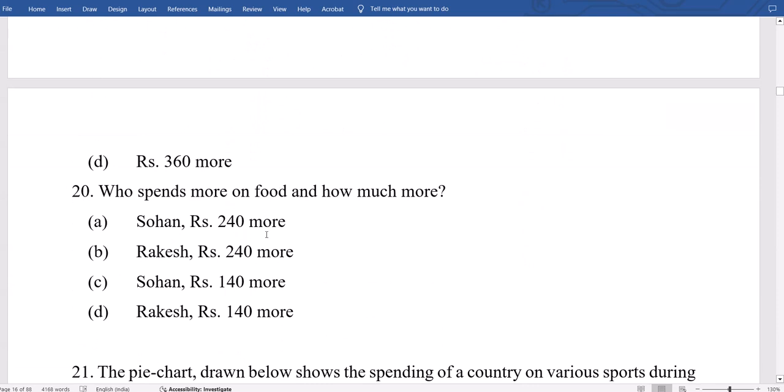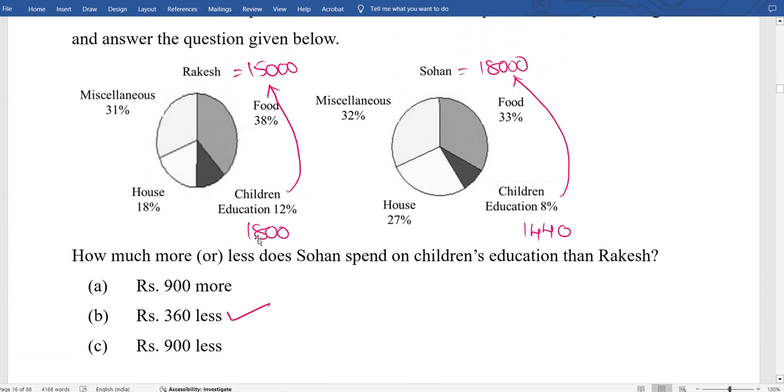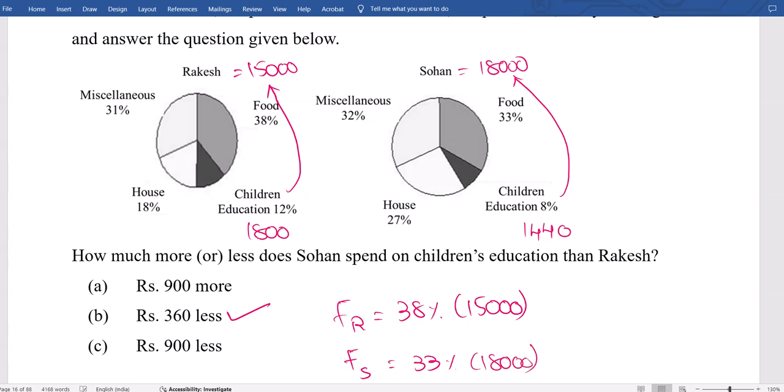Next question, food only. Who spends more and how much more? Food by Rakesh is 38% of 15,000, whereas food by Sohan is 33% of 18,000. So this is 38 into 150. That 100, this 100 will cancel. Divide by 100, no? 38% means 38 divided by 100.